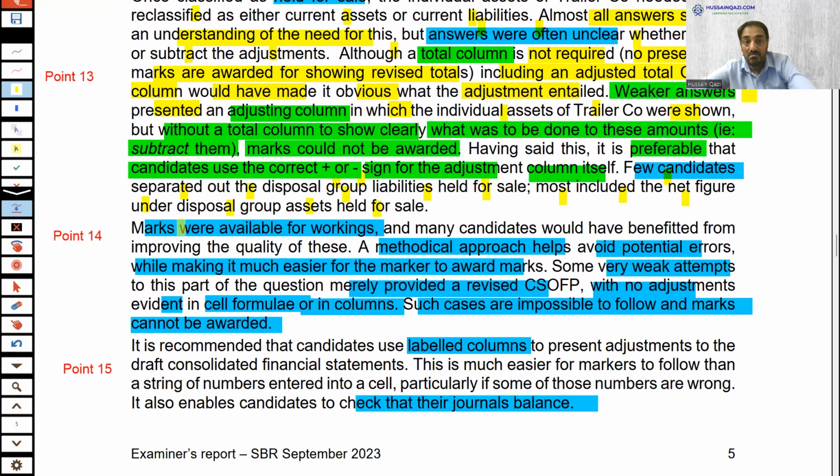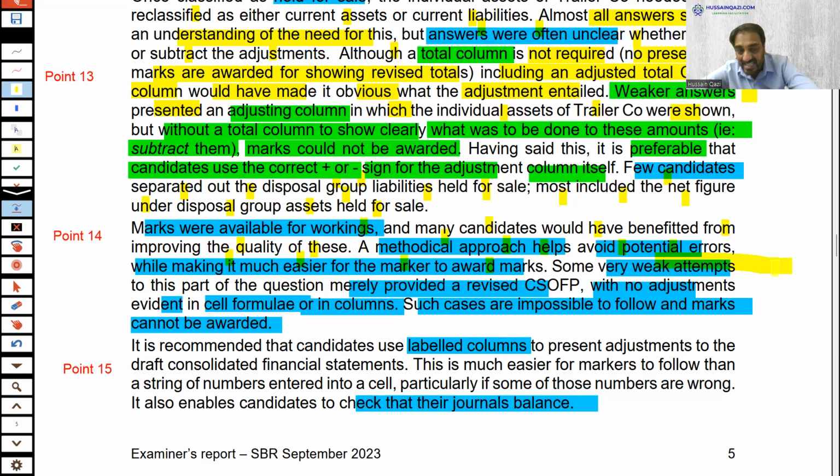Point number 14. Marks were available for workings, and many candidates would benefit from improving the quality of this. A methodical, sequential approach helps avoid potential errors while making it much easier for the marker to award marks.